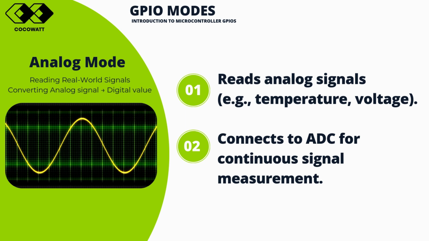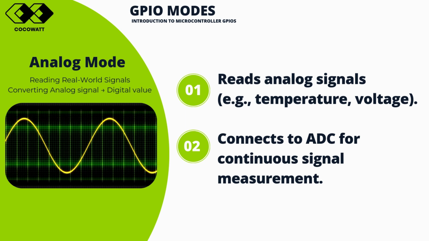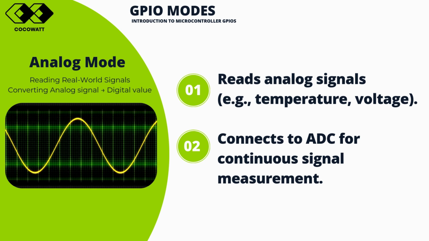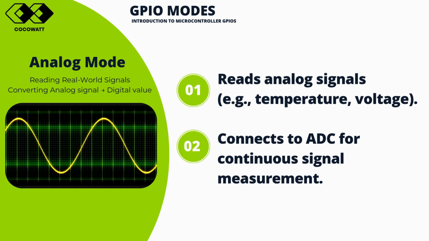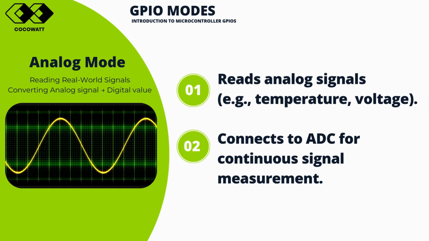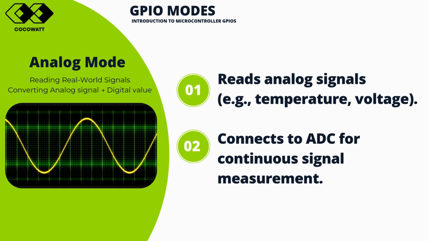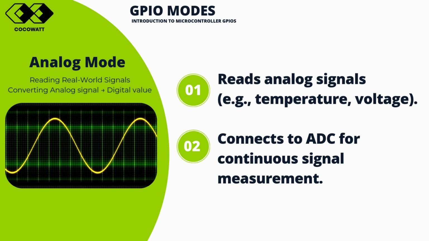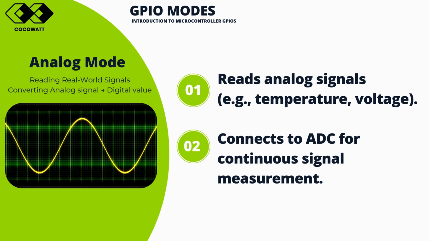Analog signal. Think of this as a dimmer switch for a light. The brightness can vary smoothly, just like battery voltage. And digital signals. This is like a regular light switch. It's either on or off with no in-between states.